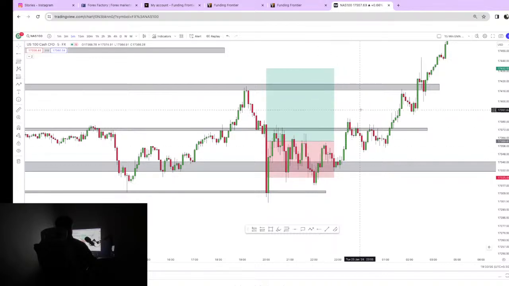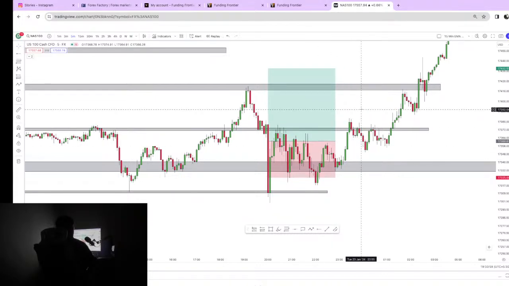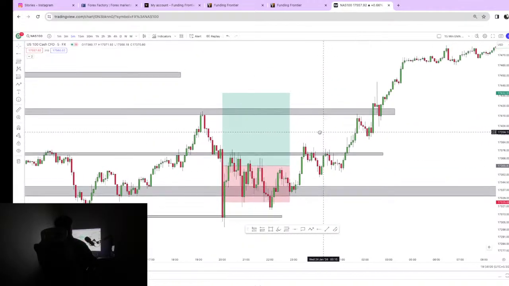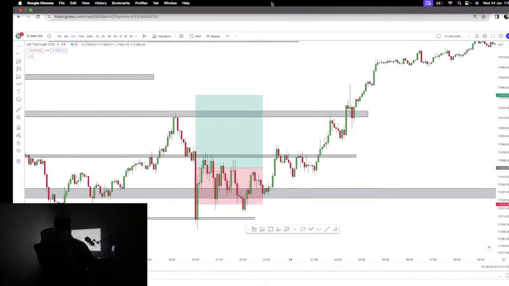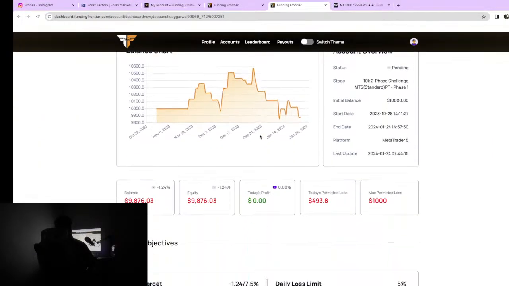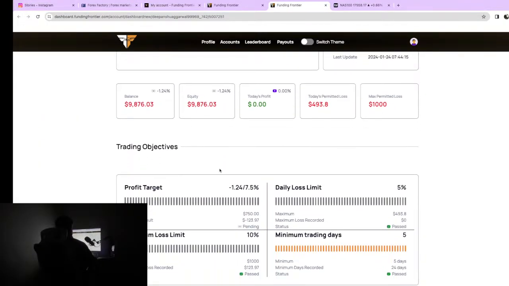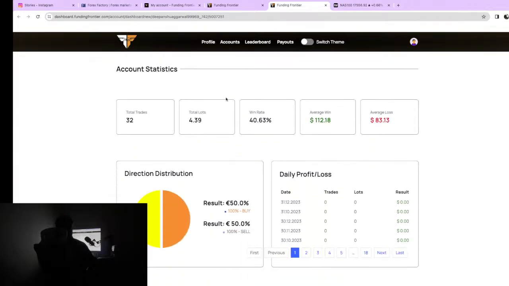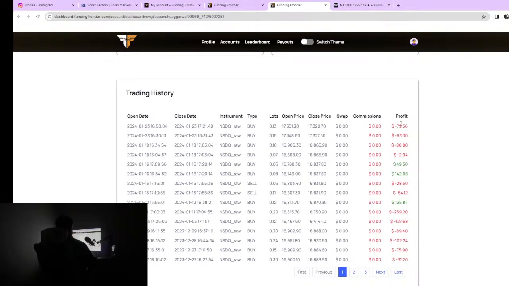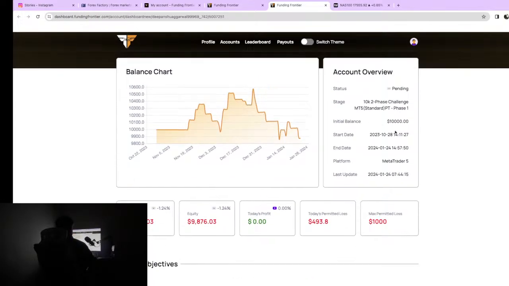And then the market proved us right, but we had already hit a stop loss, right? So this was yesterday's trade and this is our current balance. It is 9876. We are currently at minus 1.24% loss. So these are two of yesterday's trades including the commission and all. Approx $130 to $140 loss.